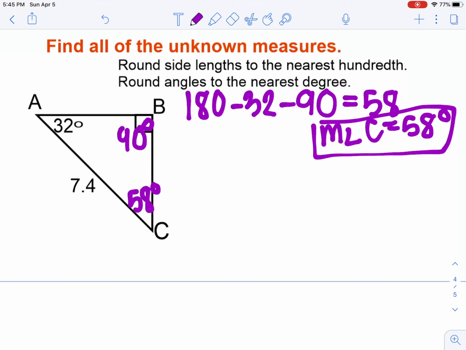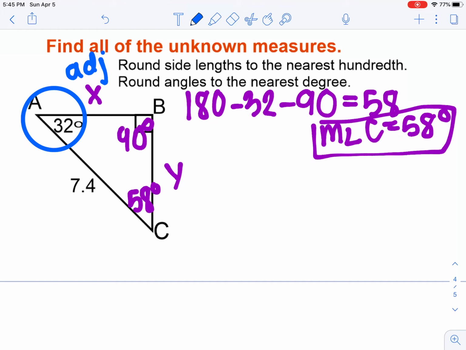So now we just need to find our two remaining sides, AB, which we could call X, and then BC, which we can call Y. So let's start with finding X. I'm going to go ahead and circle angle A as the acute angle that I'm working with.